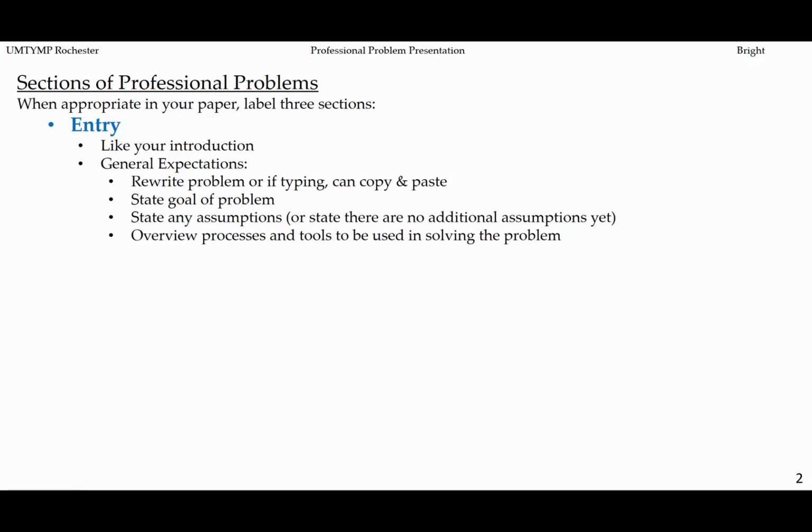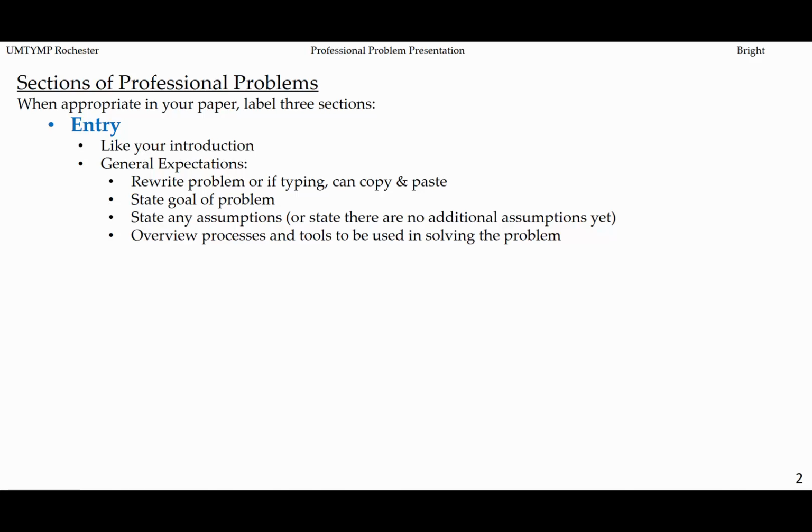Generally what I would suggest to students is to rewrite the problem word for word, or if you're typing it and you want to just copy and paste it, you can do that too. Make sure to state the goal of the problem, so what is it that you're trying to achieve in the problem, stating the assumptions, overview, the processes and tools that you're going to use to solve the problem.